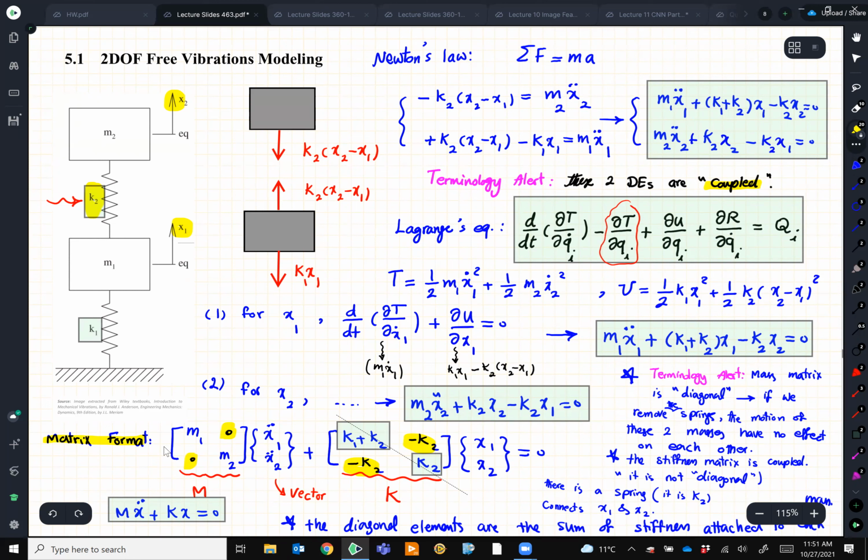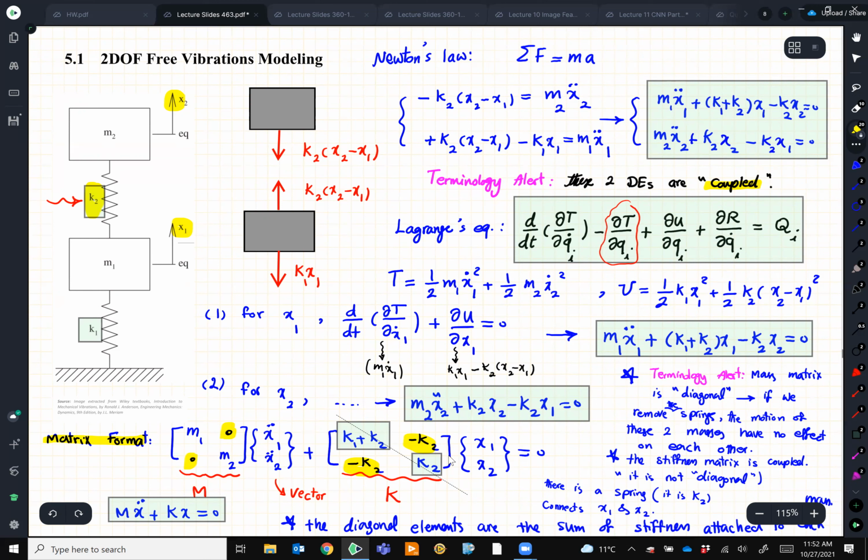And we look at their matrices. So we have a mass matrix and we have a stiffness matrix. We look at the mass matrix. It is diagonal. We say the mass matrix is decoupled, or these two masses, their accelerations may be independent without these springs. Then we look at the stiffness matrix, right?